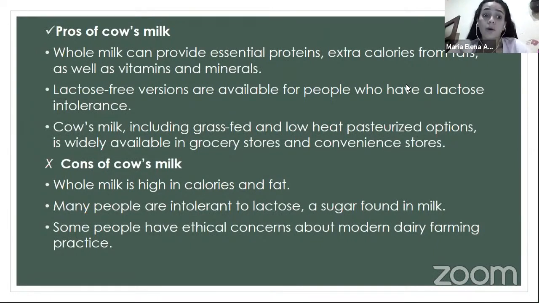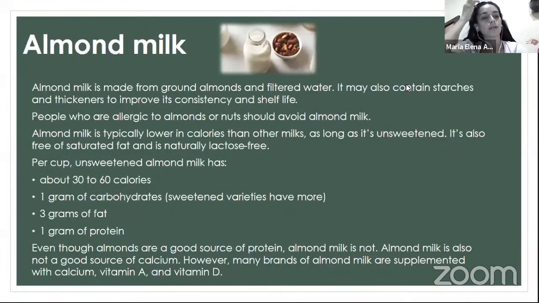The cons of cow milk: whole milk is high in calories and fat, and many people are intolerant to the lactose and sugar found in milk. Some people also have ethical concerns about modern dairy farming practices.